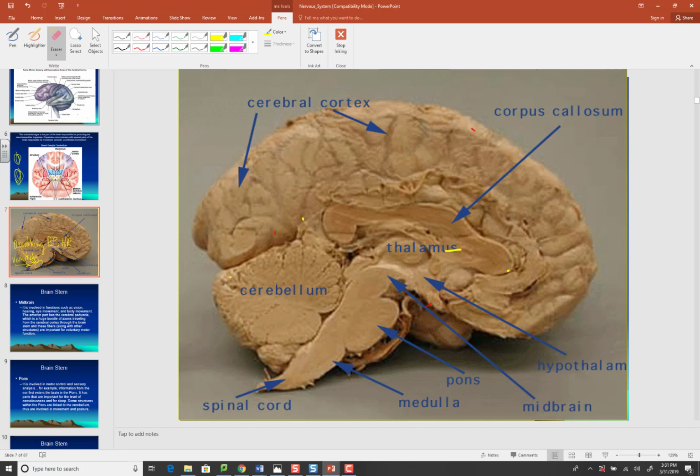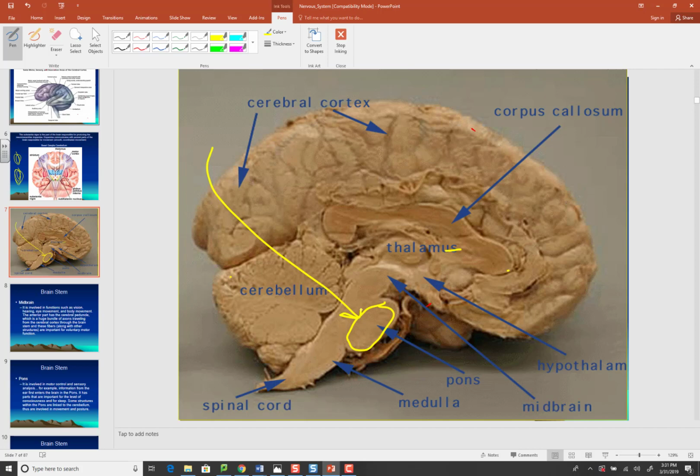Now, as you move up a little farther, you get into the area called the pons. The pons is also involved in breathing. Basically, the pons makes sure you don't overinflate your lungs, otherwise they'll explode and there could be a mess. So the pons controls how deep an inspiration you can take.